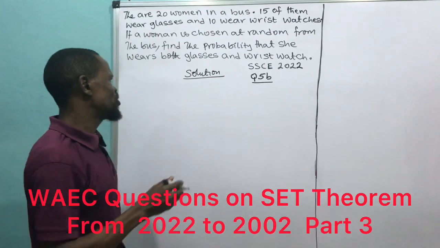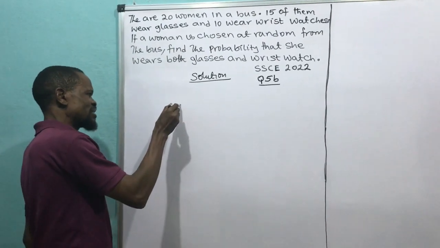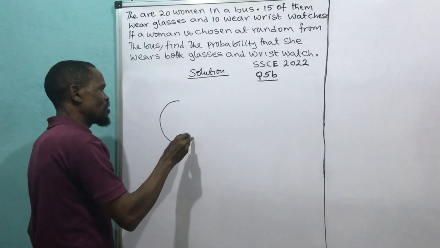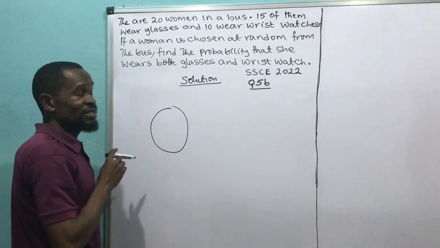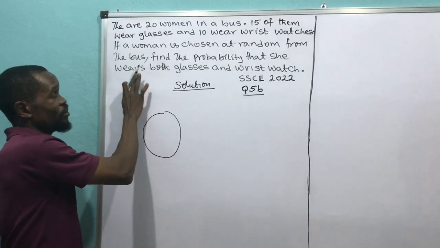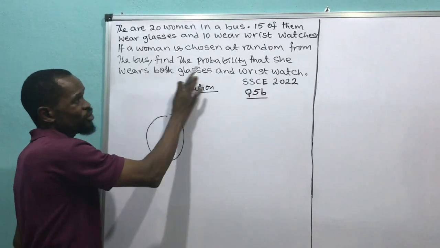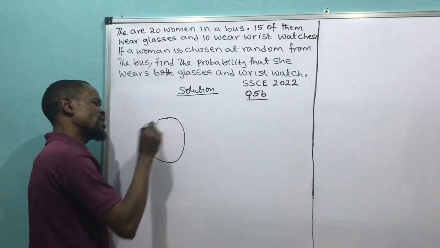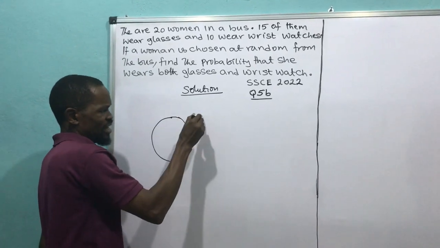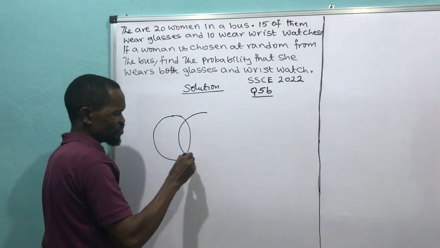So what are we going to do? We now use a circle like this, because the question says we should find the probability that she wears both glasses and wristwatch. So we use one circle here and another circle.